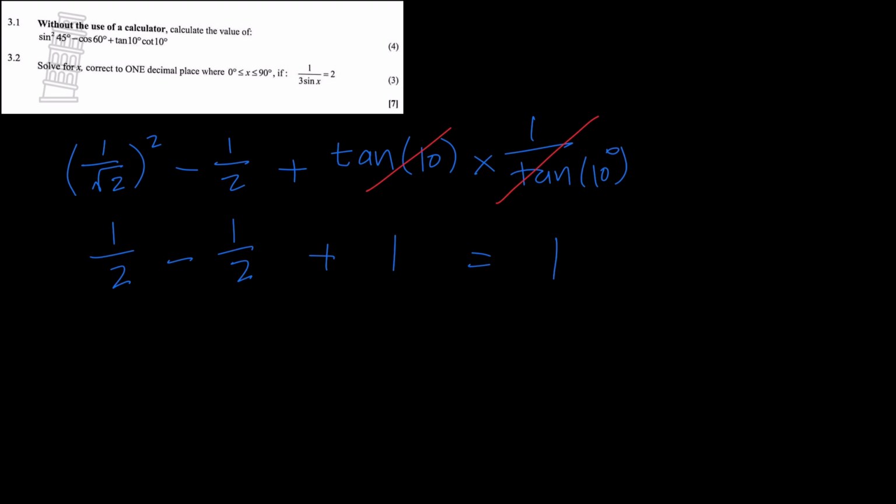Moving on, 3.2. Solve for x correct to one decimal place, where x is between 0 degrees and 90 degrees, if 1 over 3 sine x equals 2. So what we can do now is take the 3 across, and we're going to be left with 1 over sine x equals 2 times 3.